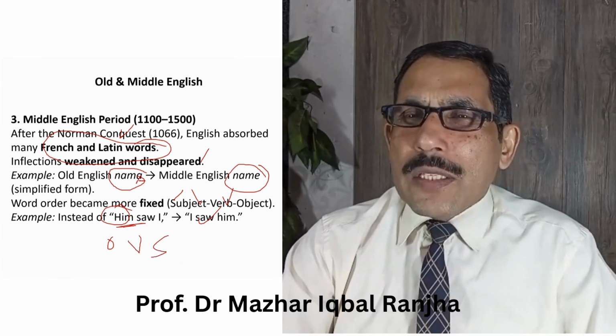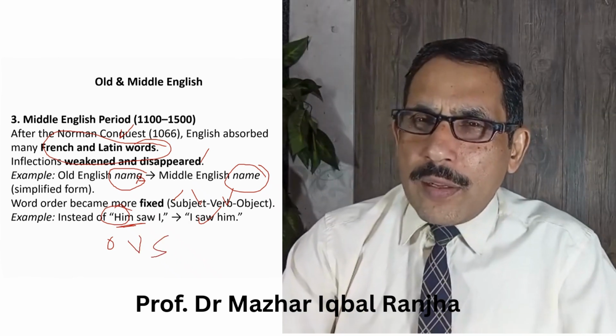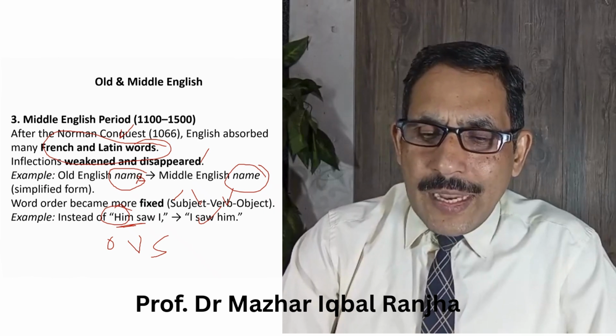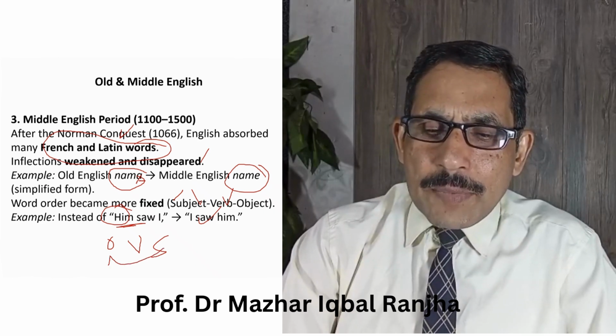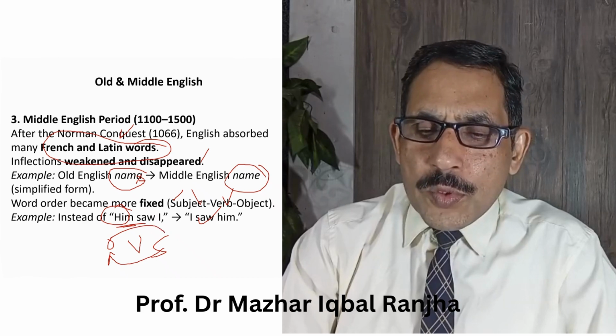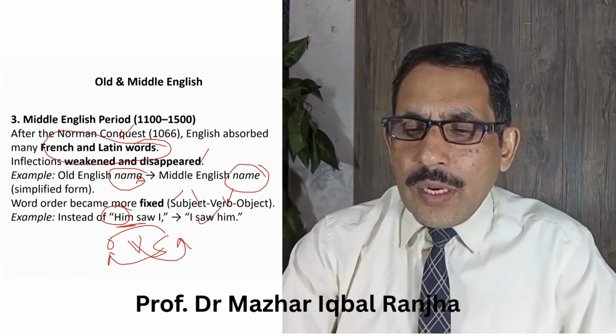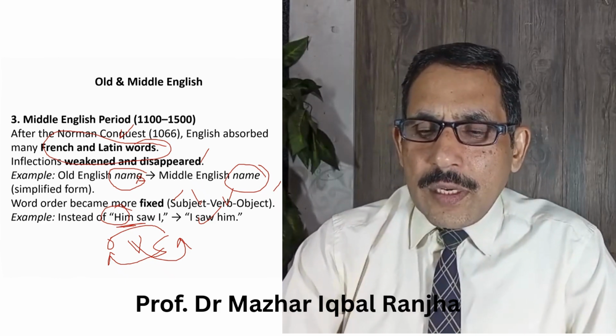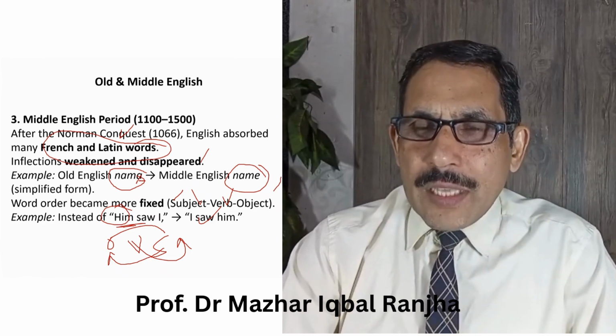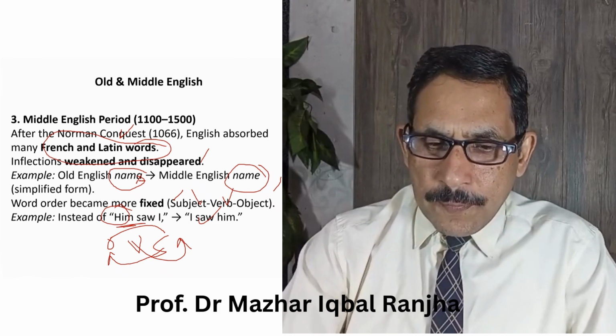So there was fluctuation in order. Sometimes the subject was used over here, and sometimes over here, sometimes verbs used over here, or sometimes it was used in the beginning. But later on it was fixed and it was made subject, verb, and object.